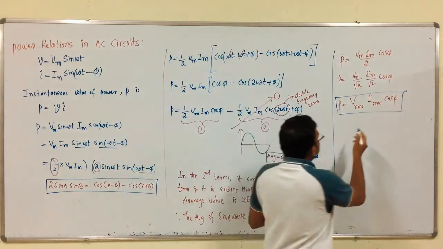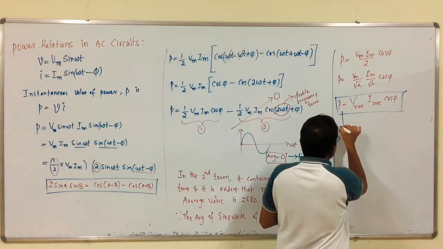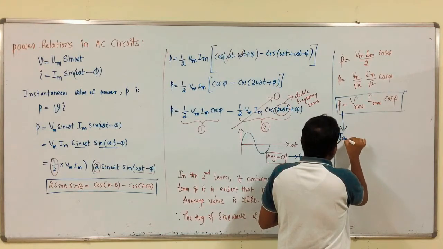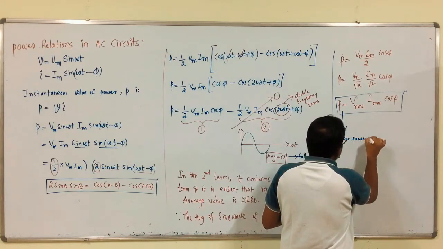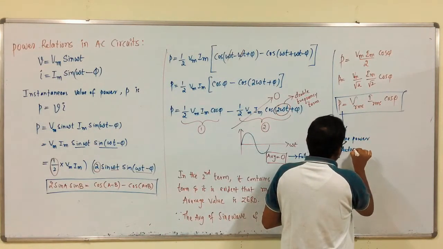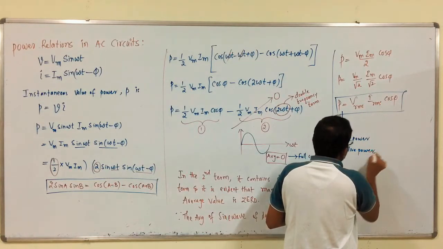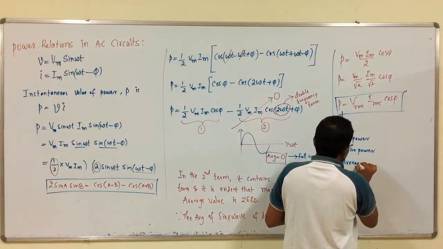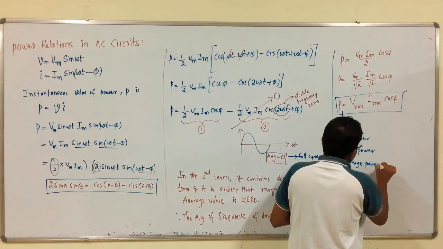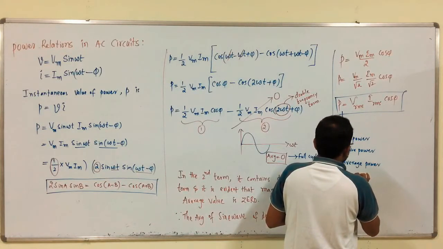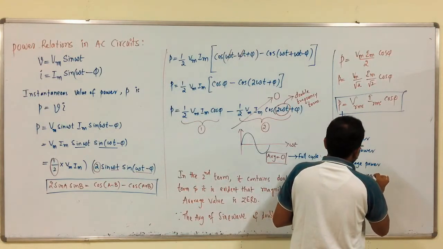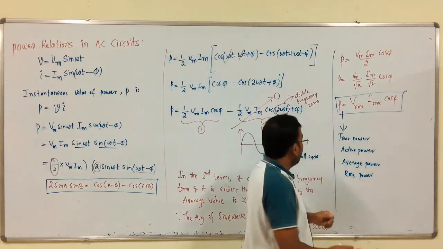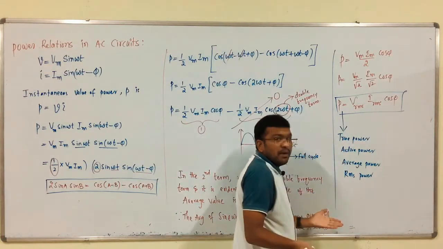Simply, P is nothing but true power, active power, average power, RMS power. So, average power is equal to RMS power and useful power.